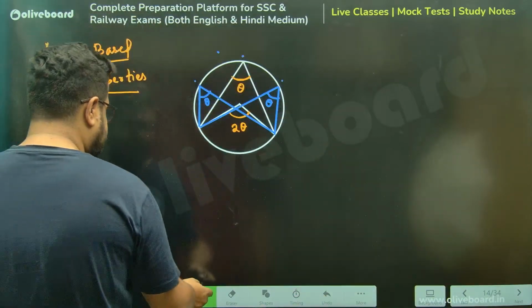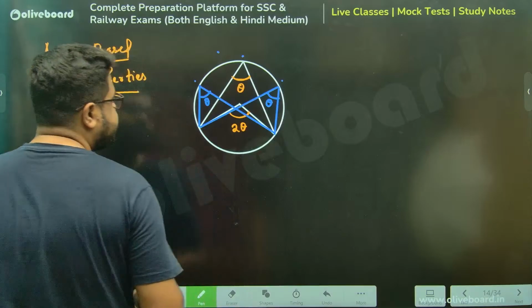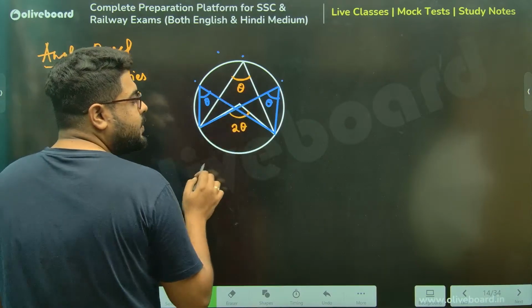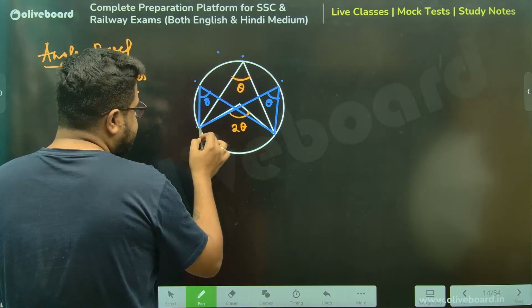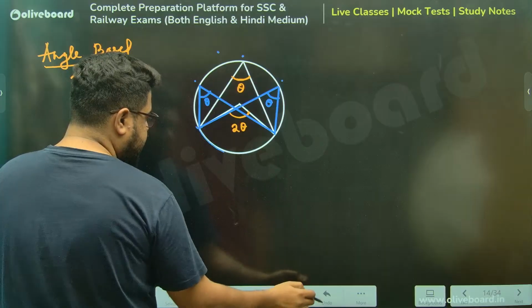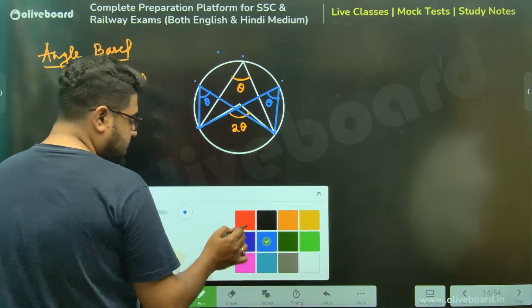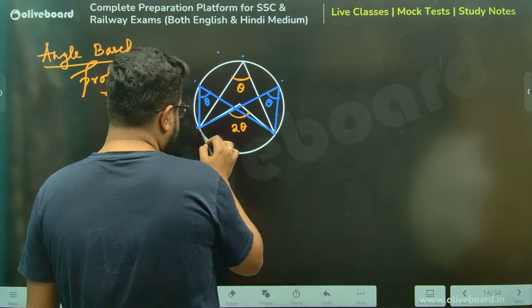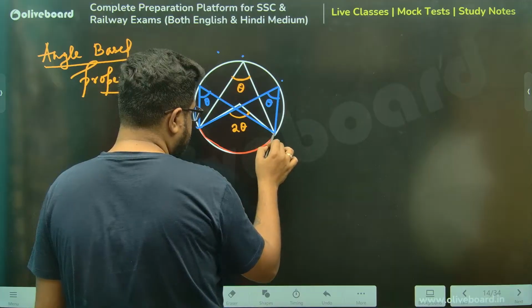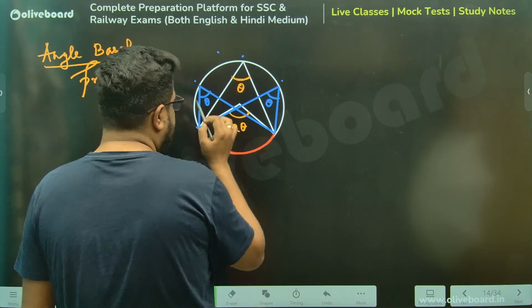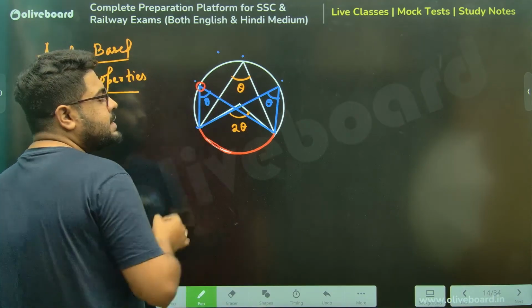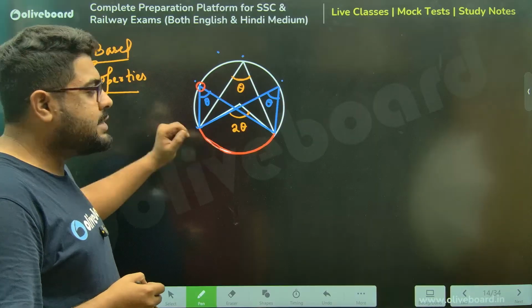Now, please understand. If this is theta and 2 theta, please understand. So if this is the arc, let me take another color. If this is your arc, and you see this is an angle made on the circumference on this arc.